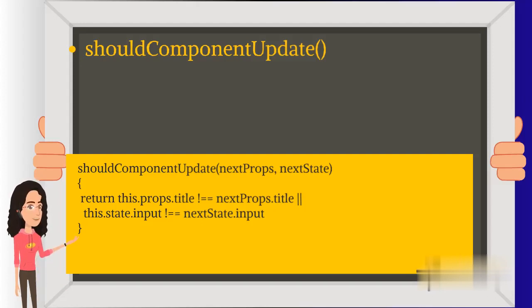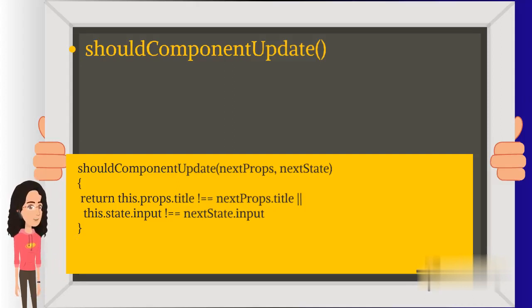So, shouldComponentUpdate. This lifecycle method can be handy sometimes when you do not want React to render your state or props changes. Anytime the setState method is called, the component re-renders by default.